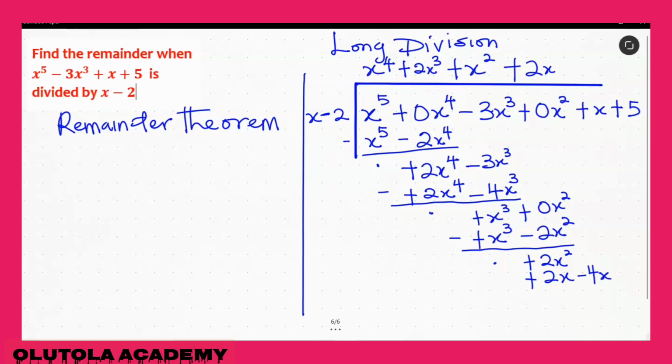Then I go again, I subtract, but I need to drop plus x from here. I need to drop this down, so plus x. Then I subtract. When I subtract, of course, here is 1 and minus times minus is plus, so here will be positive 5x, and I'll still continue the division because positive 5x is bigger than x, and that will give us positive 5.